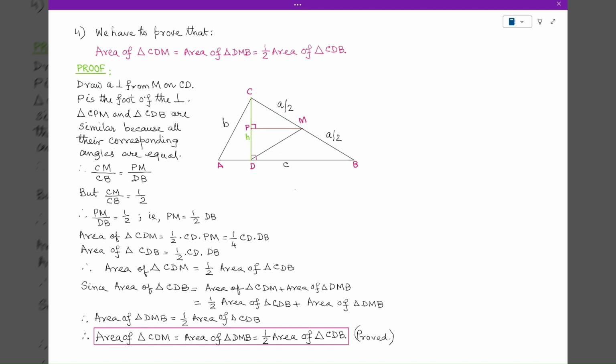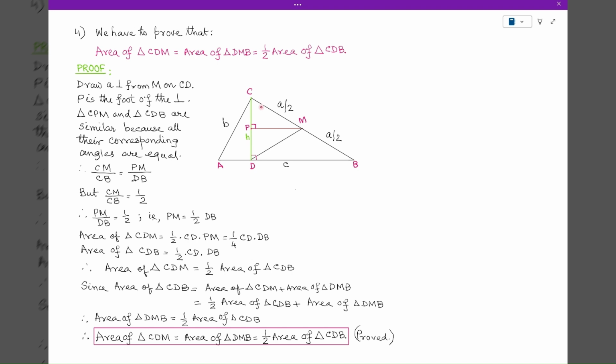The proof is as follows. Draw a perpendicular from M on CD. Let the foot of the perpendicular be P. So this point is P.